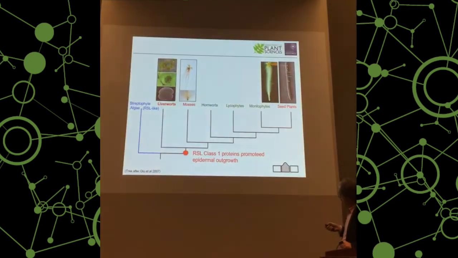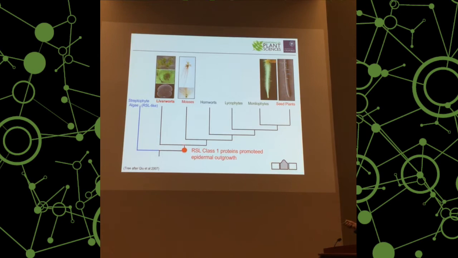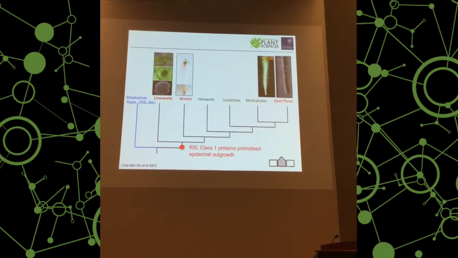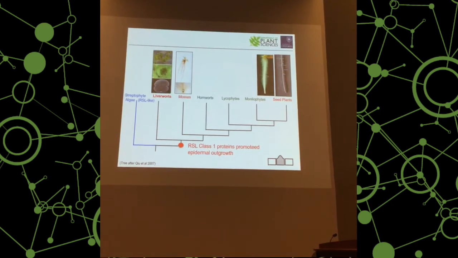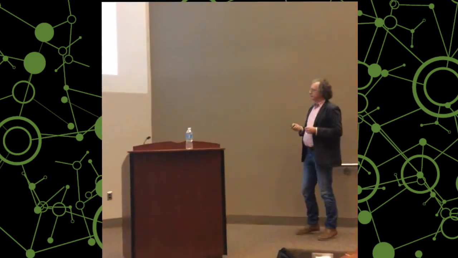So it's time to wake up for those of you who've gone to sleep. As I said at the beginning, the aim was to figure out what was happening back here. And what I can say is that back in the common ancestor of the land plants, around 470 million years ago, they did utilize the RSL genes to promote the development of these rhizoidal cells.